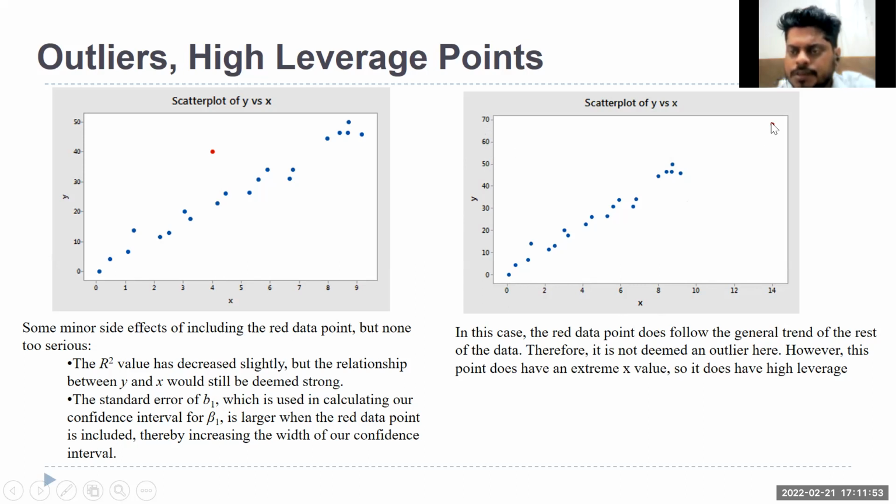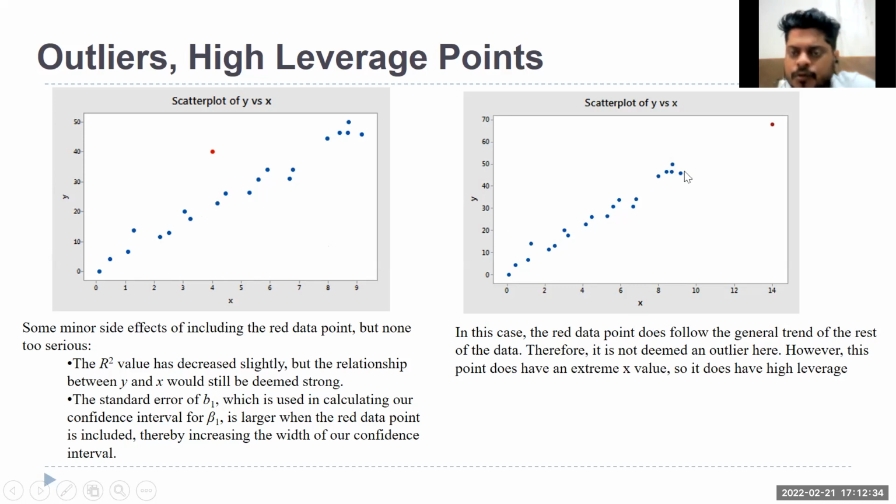So how does this red dot come? It is for those output variables which are beyond the normal range of your explanatory or independent variable. So that is a high leverage point. Again, repeating the difference between these two charts: in the first chart, we are looking at the y value, the value of your dependent variable. In the right chart, we are looking at those values which have a significantly different independent variable, x.